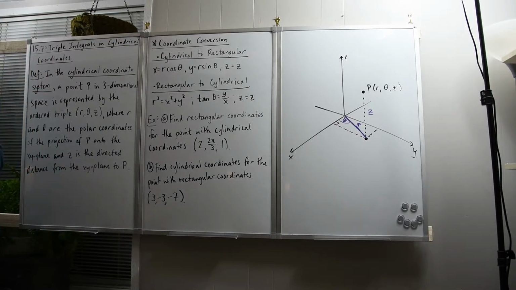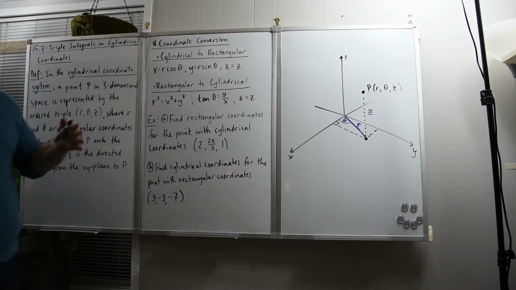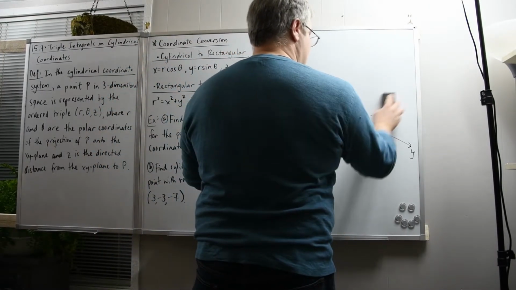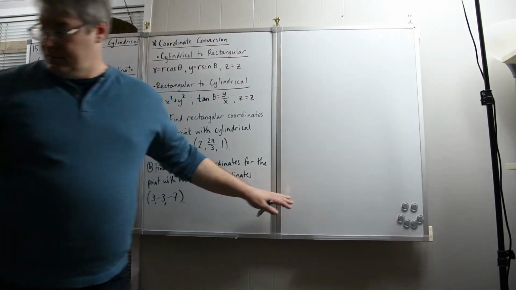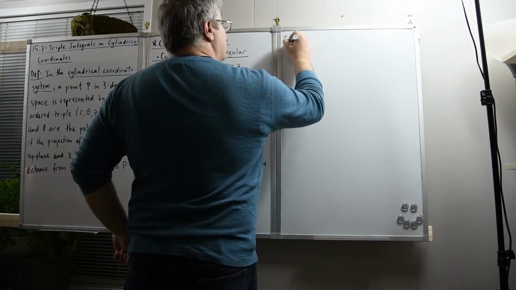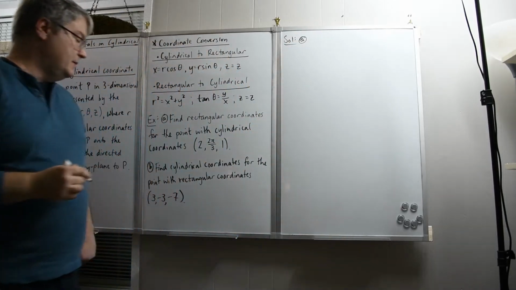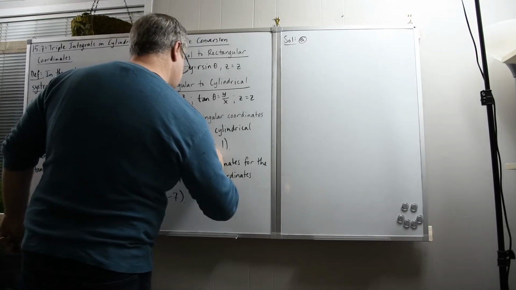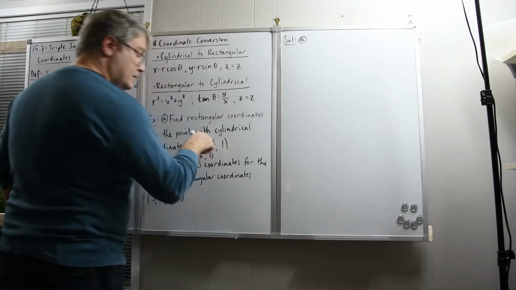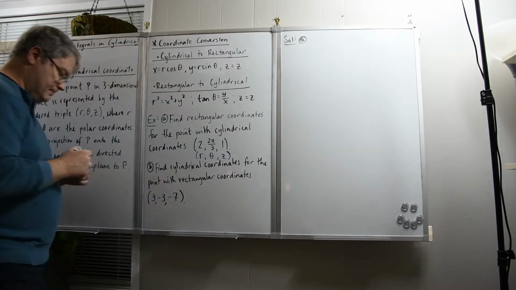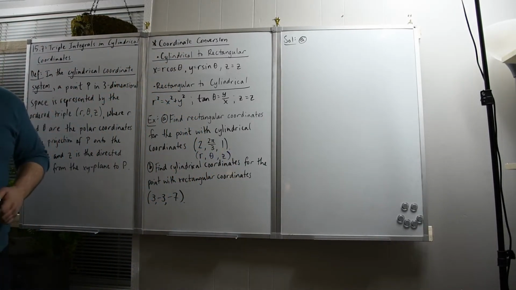All right, so let's take a look at how part A works out. For part A, keep in mind that our r is 2, theta is 2 pi over 3, and z equals 1. We're converting from cylindrical to rectangular coordinates.